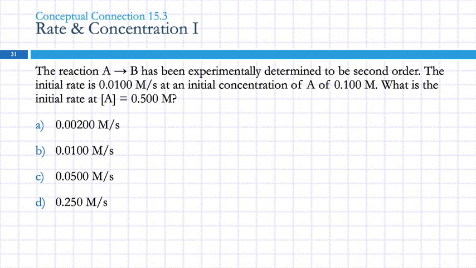More than one way to solve this. Some people are good at looking at something like this and doing things in their head. They say, oh, well, the concentration is increasing by a factor of 5. Second order means it's going to be times 5 squared.